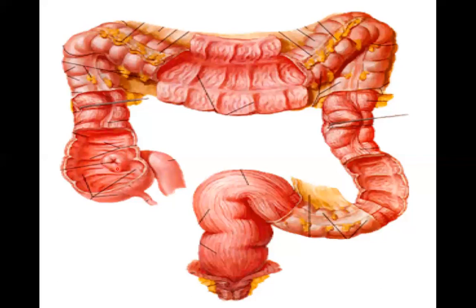Also, if we come to the ileocecal valve, both the ileocecal valve and the base of the appendix connect to the cecum at its posteromedial aspect. The ileocecal valve is an anatomical valve. It has two lips: the horizontal lip, which is the upper one, and the lower one, which is concave.